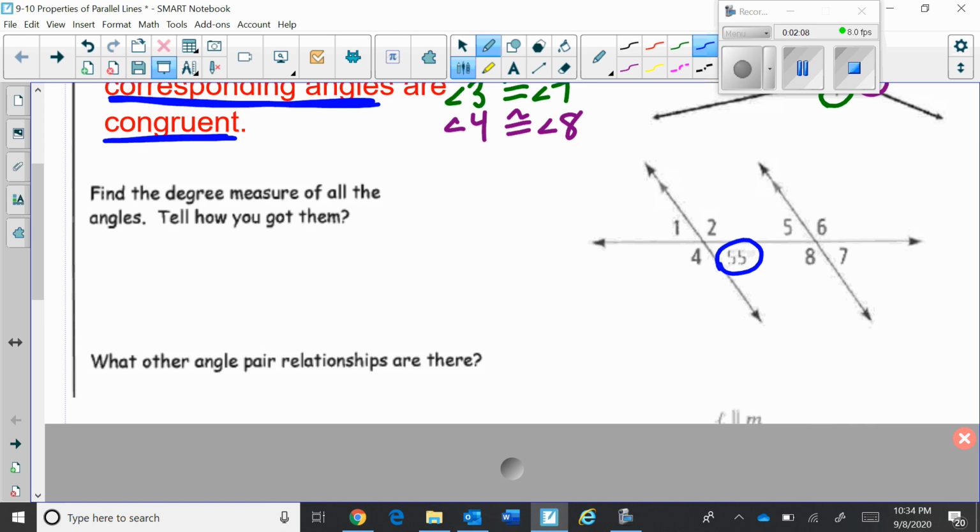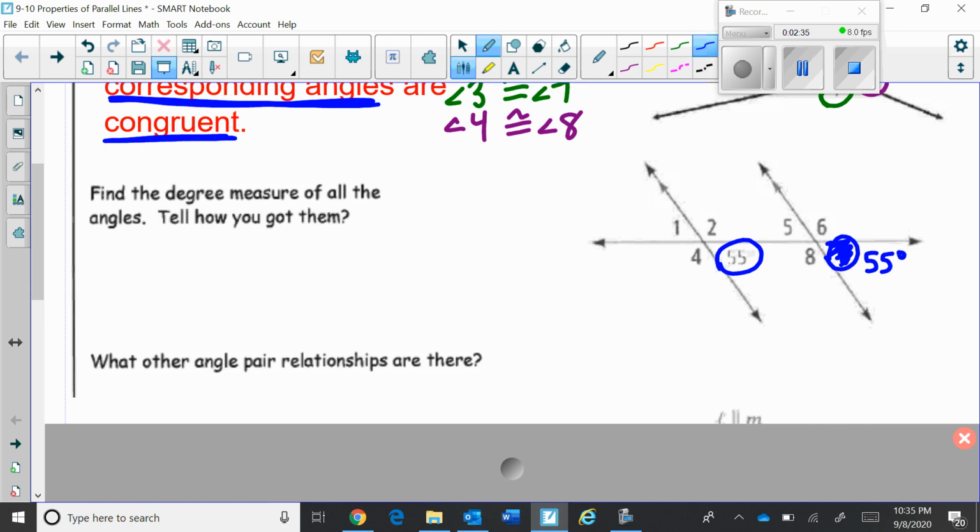Right off the bat, we just learned that corresponding angles are congruent. So that 55 degrees is corresponding to angle 7. So we know angle 7 is 55 degrees. I'm going to mark through that number 7 since we already figured that out.